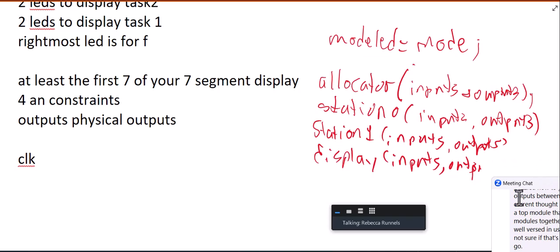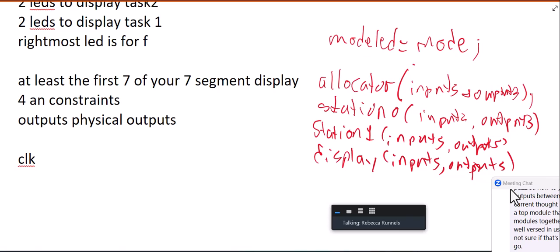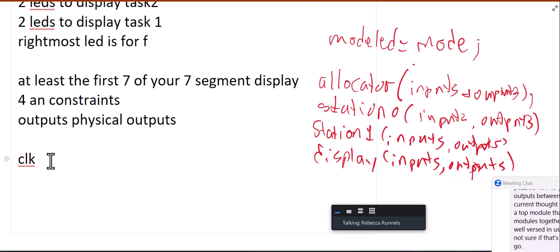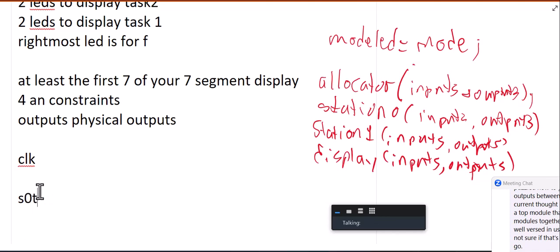So how do you send things from one module to another? Well, the inputs and outputs for your top module were your physical inputs and outputs. Anything that is an input or an output for one of the modules that's not the top module is going to be a wire. So for instance, I called the thing that the allocator said was going to be the task for station 0, S0 task.